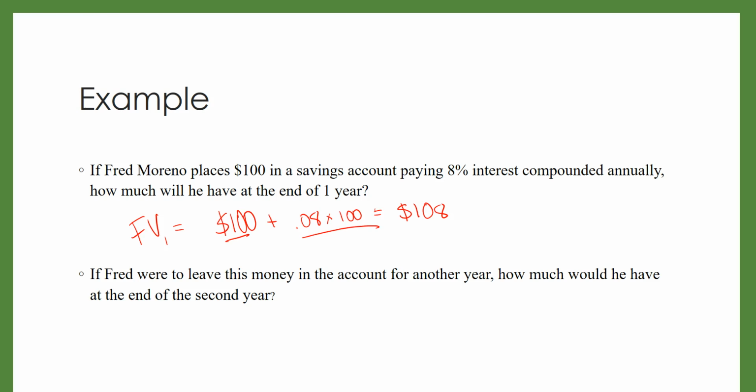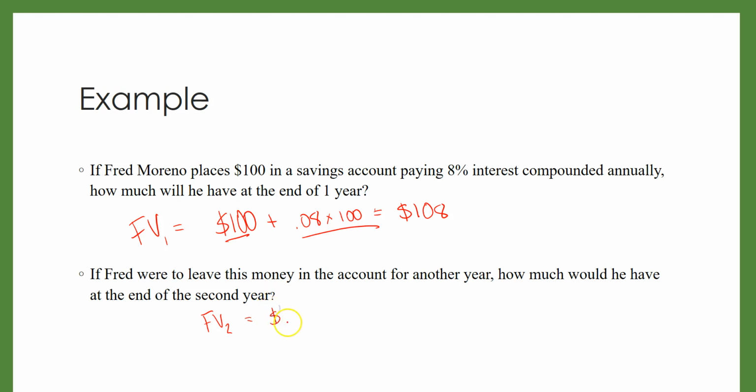Now, if you don't enjoy formula discussions, you can tune this out a little bit. You need to get the general gist of it, but I'm not going to ask you to do this on an exam. So let's see what would happen if he left the money in for a second year. How much would he have at the end of a second year if he was earning 8% on his investments?